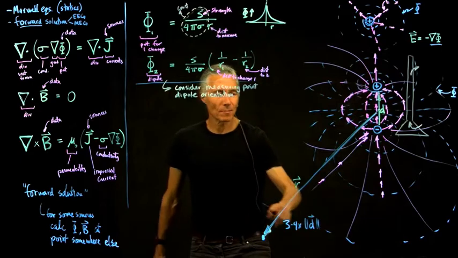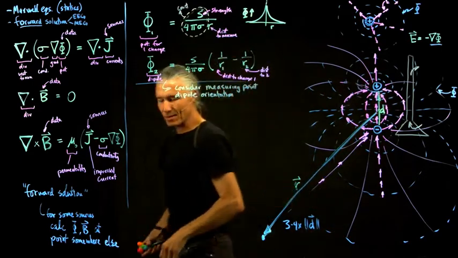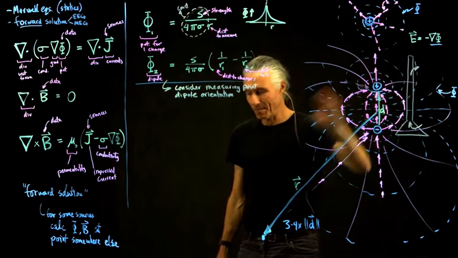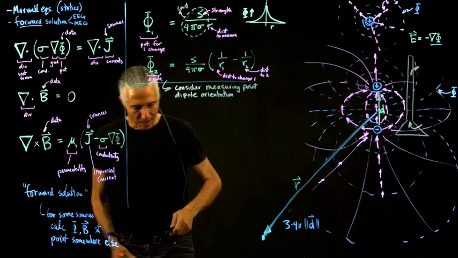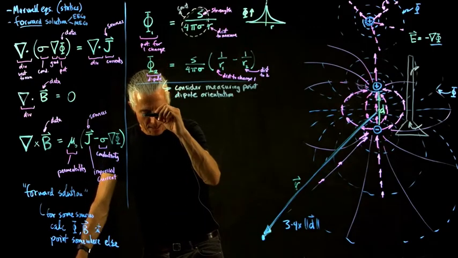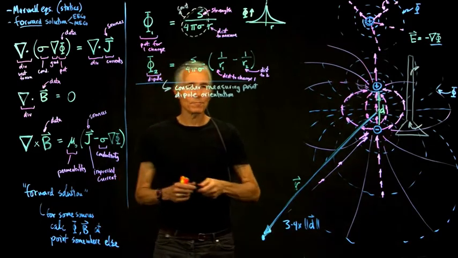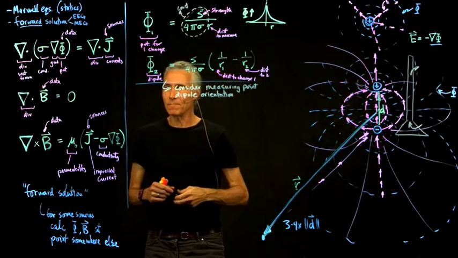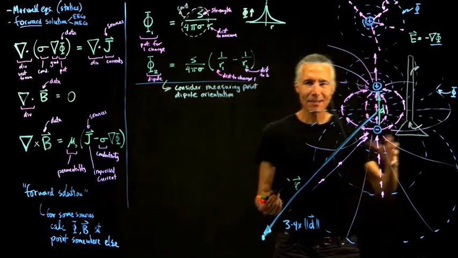So what does that mean? That means we're 3 to 4 times the distance between the positive and the negative charge, so we don't have to deal with the complicated mess in here. So that's an approximation, and that approximation gives us our basic forward solution. Before I say what it is, you might notice there's no end in sight for the brain.